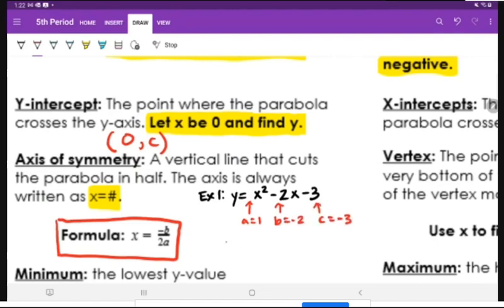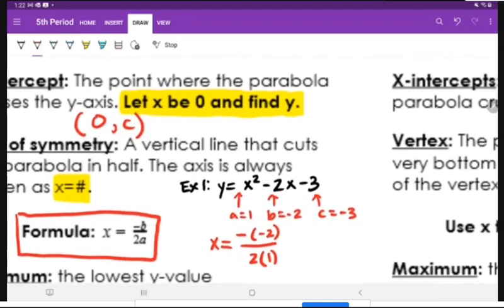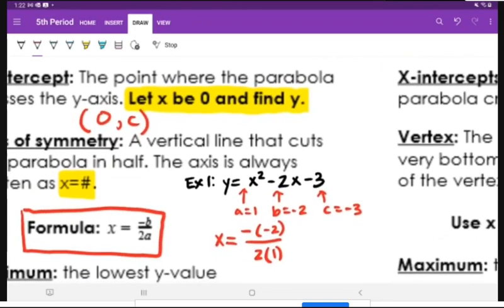To find our axis of symmetry, we would let x equal negative b over 2a. But instead of plugging in b, I'm going to plug in negative 2. And instead of plugging in a, I'm going to plug in 1. Do you see where those numbers came from?